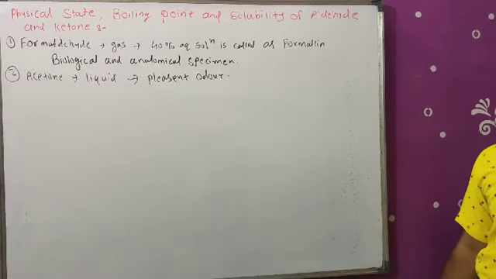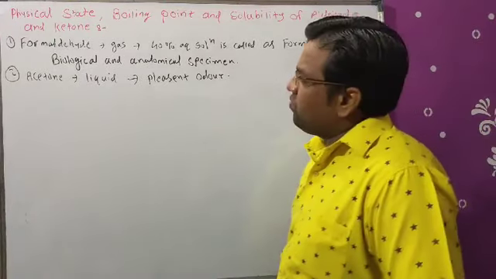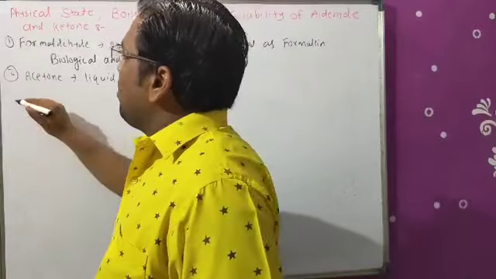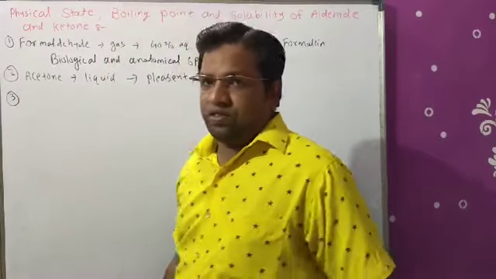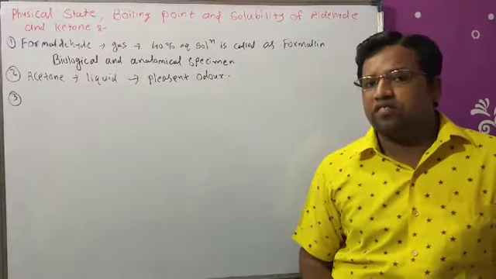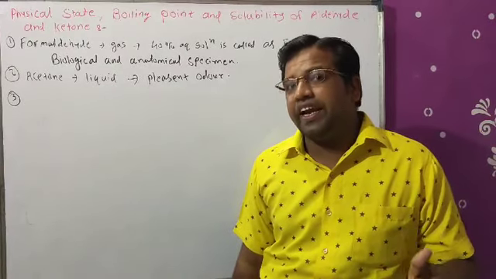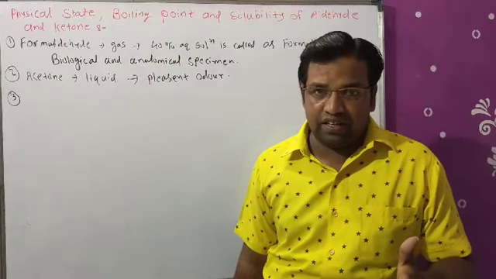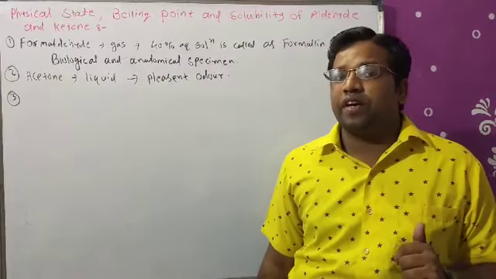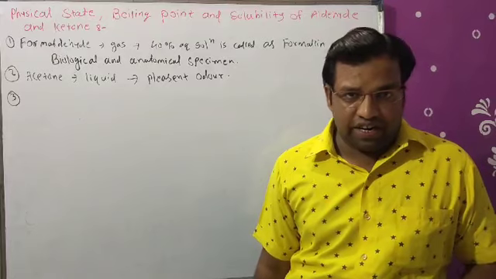Now see here, our next point is very important, that is aldehydes and ketones. We know that the carbonyl bond in aldehyde and ketone is polar in nature, therefore it shows which type of attraction? Dipole attraction.